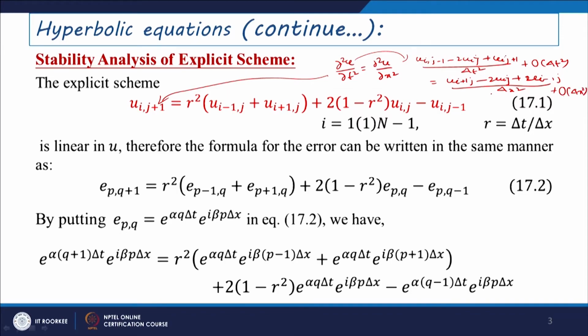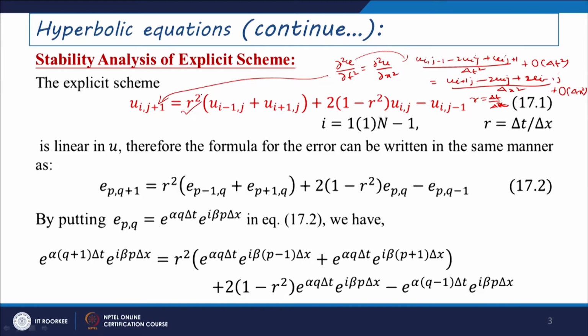If we consider r equals del t by del x and neglect the higher powers here, then we can write u i, j plus 1 equals, since it is defined as del t by del x whole square, that is why r square comes into the picture.